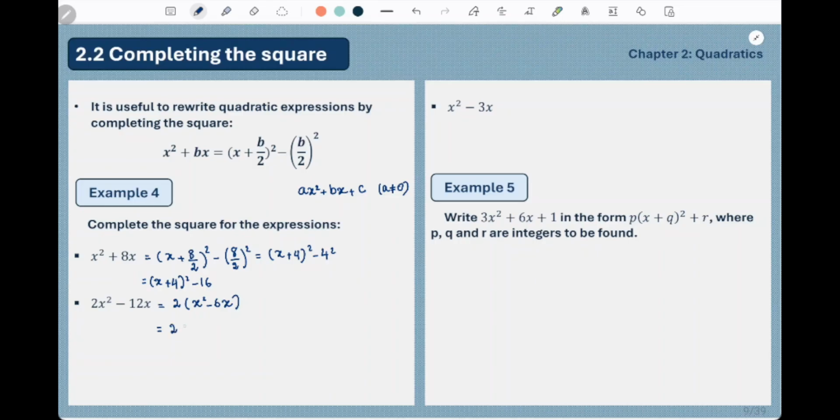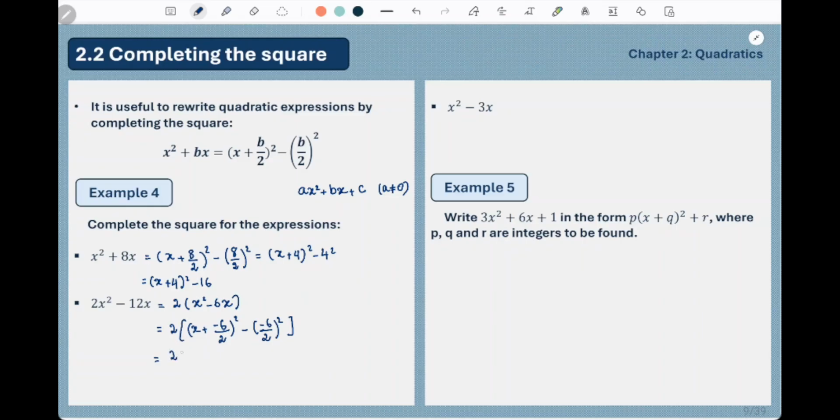So 2 times x, it says plus, but because my b here is minus 6, you can say plus minus 6 over 2 squared. So this is the big bracket, and this is the bracket from the new one. Minus 6 over 2 squared. And then the big bracket over here.